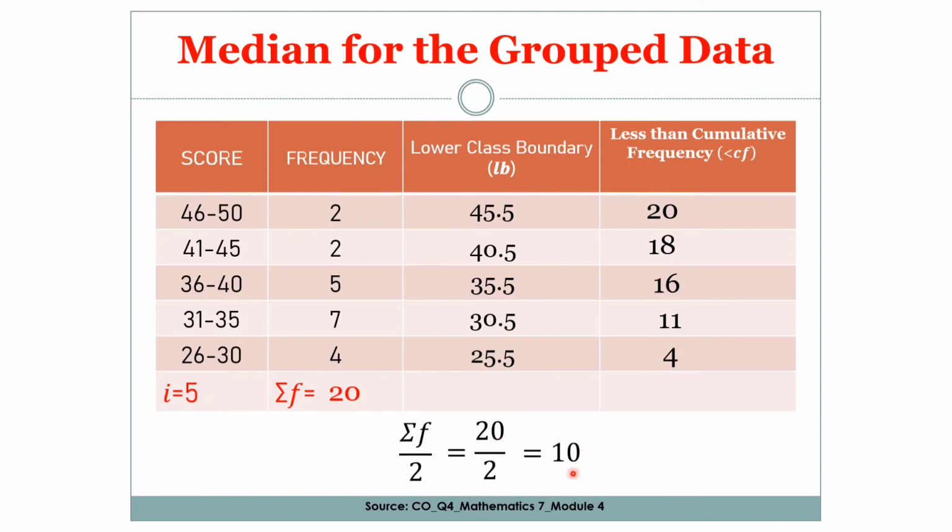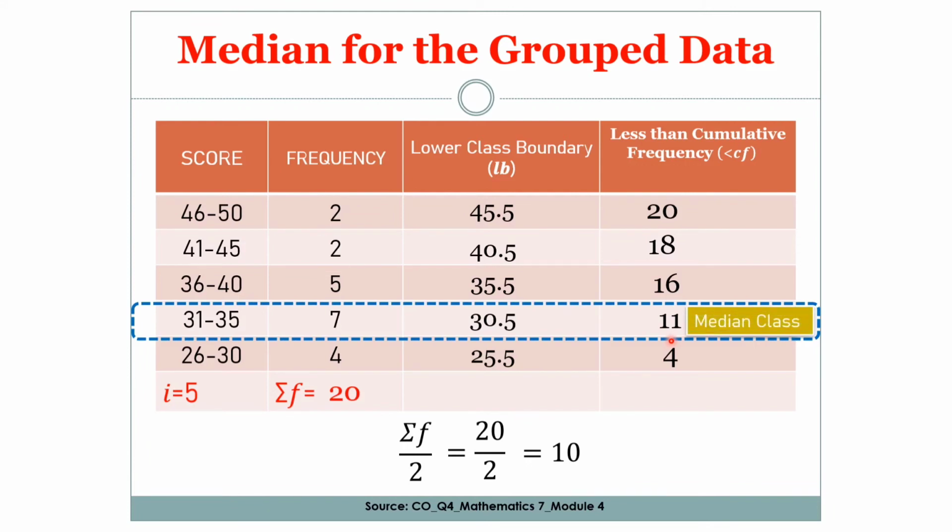After doing so, we need to look for the value in the last column that is greater than or equal to 10. And that value is 11, because 11 is greater than 10 and it is closer to 10.